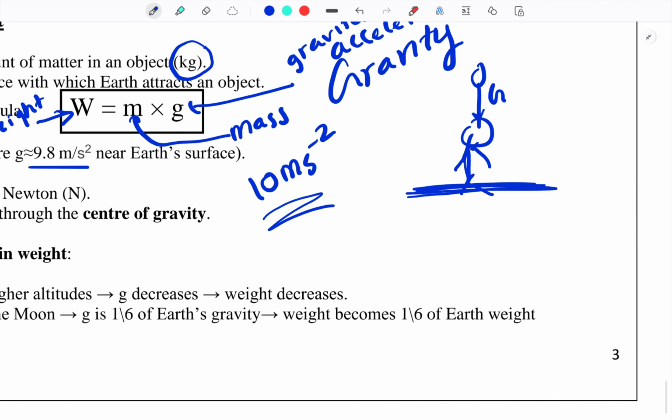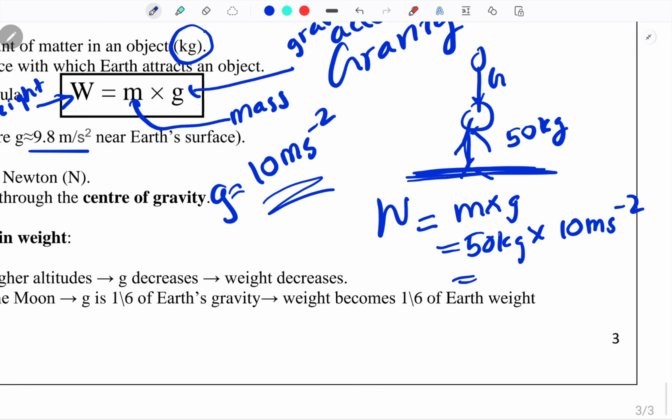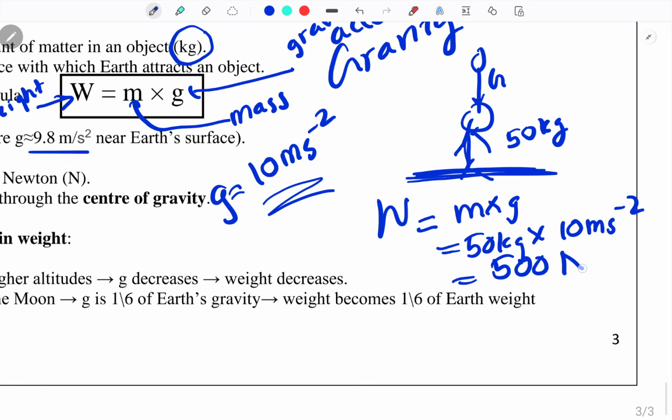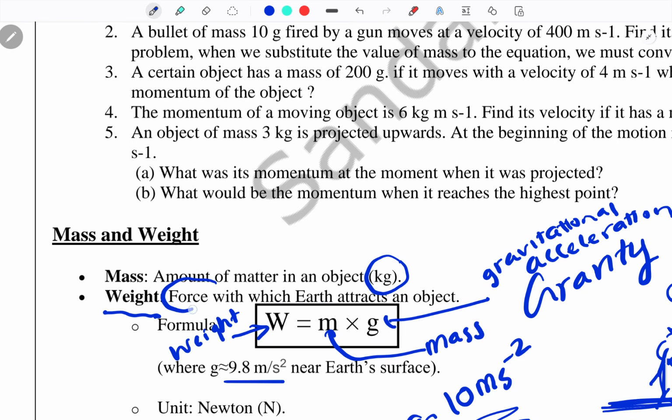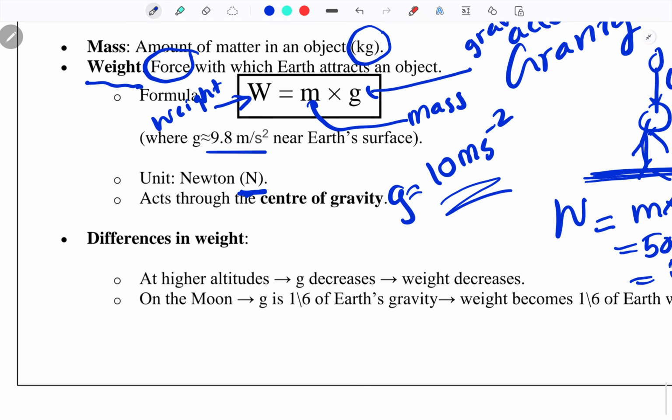Think your mass, let's say that's a 50 kg person. So the gravity is this much we are taking. So the weight of someone is weight equals mass into gravity, no? Mass is 50 kg, the gravity is 10 meters per square second, so 500 Newton. Again, I said weight is a force, right? So you can't change the unit of the force, which is Newton.